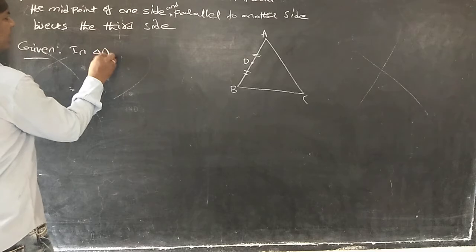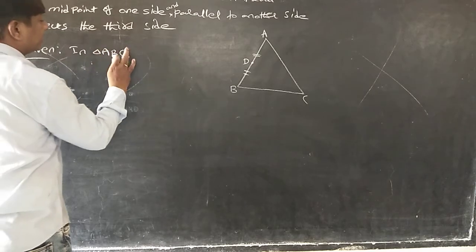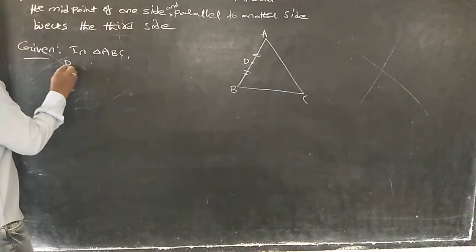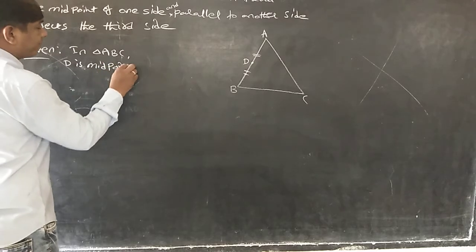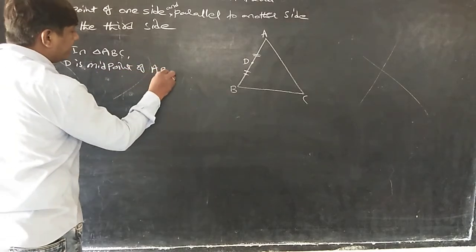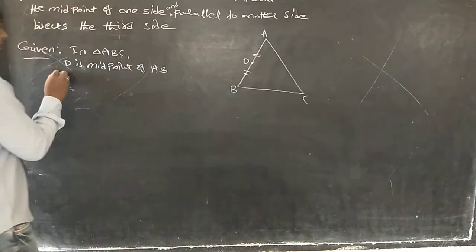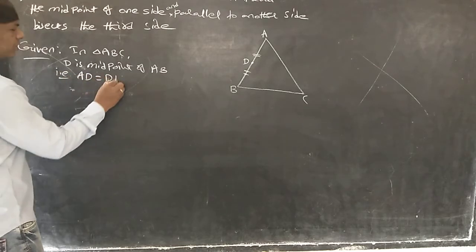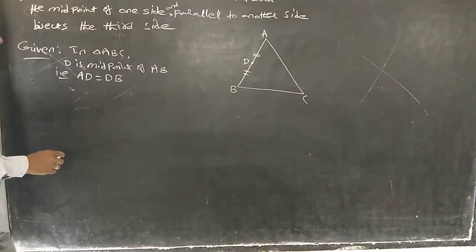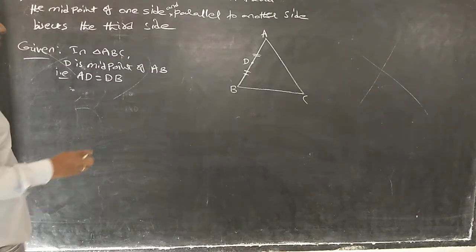In triangle ABC, D is a midpoint of AB. That is nothing but AD is equal to DB.